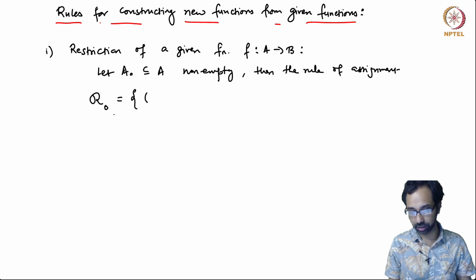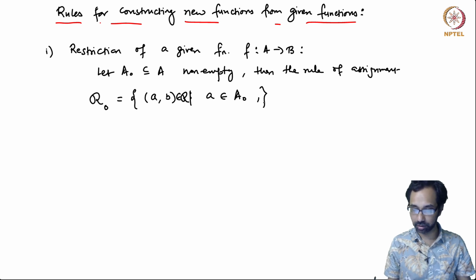So this is the collection of pairs A comma B such that A is in A naught and this is in R.